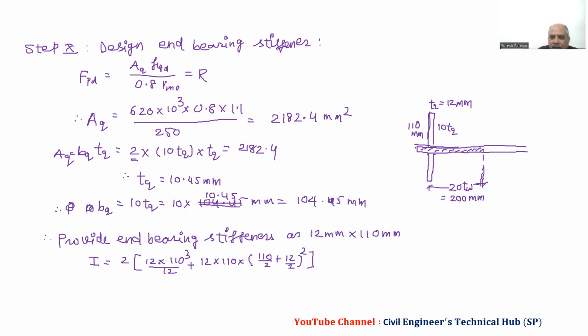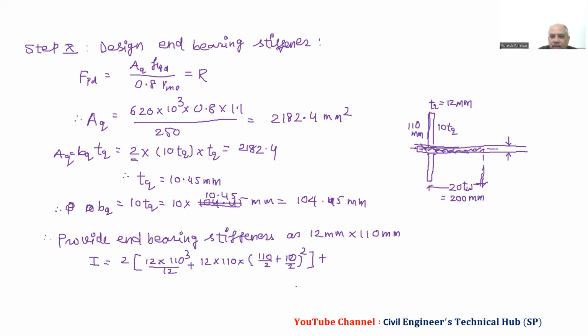Sorry, this is 10 millimeter thickness, not 12. That is of web until center of this. So 5 plus 55, it goes to 60 square, plus this is of stiffener plus of this web.